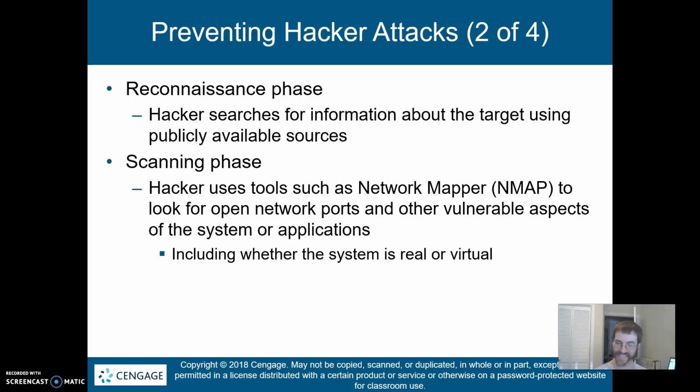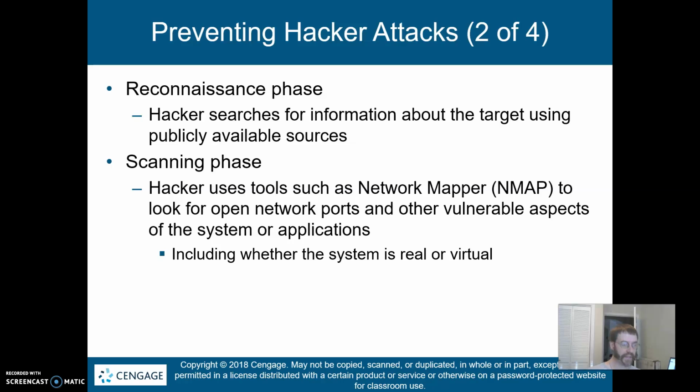Then moving into the scanning phase, they may use something like Nmap, Zenmap, UDP stress testers, the hacking tools that are available on the dark web, looking for what on the system is open and available, if they can determine operating systems, version numbers of the services running through open ports, if the service is virtual or physical.